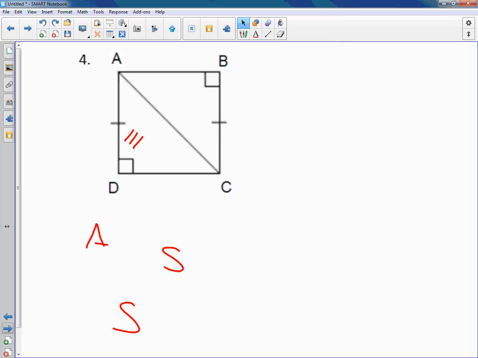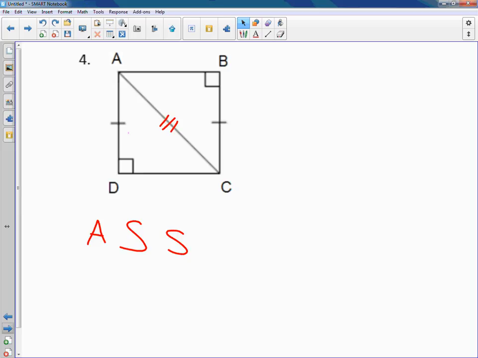All right. Let me fix this together. All right. So I have two sides, and I have an angle. My question to you is, is my angle in between my two sides? And my answer would be no. So I'm going to get this.